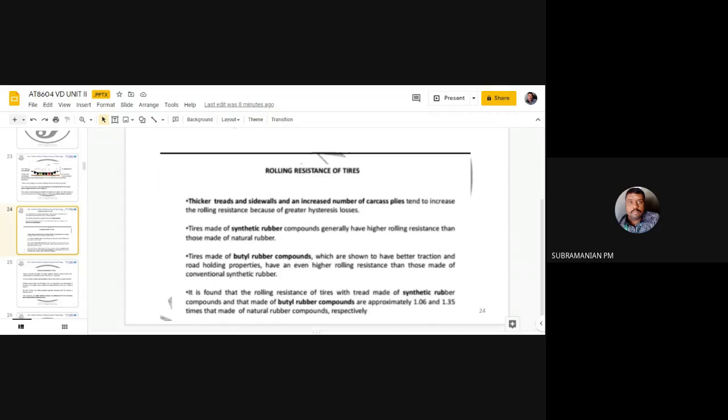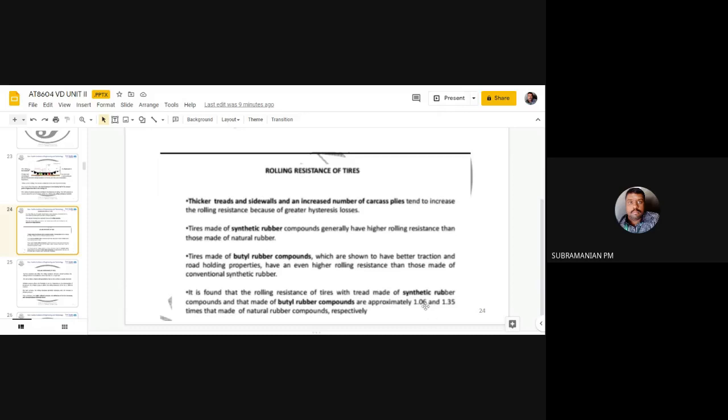It is somewhat of a demerit, but regarding road holding and traction, we have the positive factor.